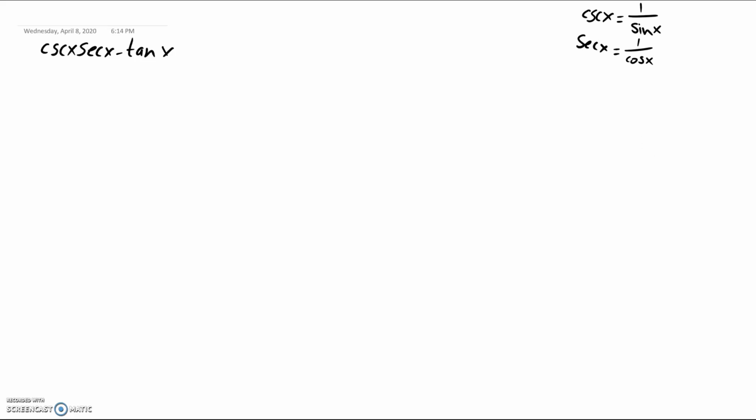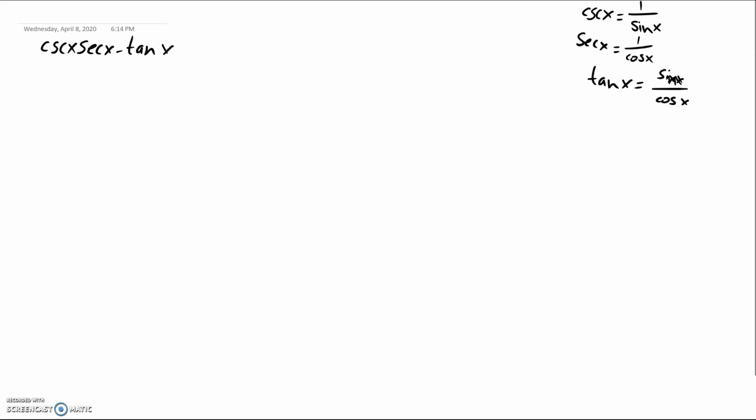It's an identity. Now the identity for tan x is tan x equals sine x over cos x. Alright, now I will use these three identities in the given expression and then we will use algebraic techniques to simplify our question.